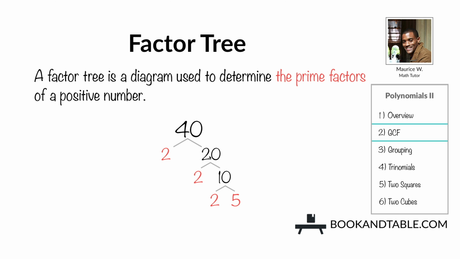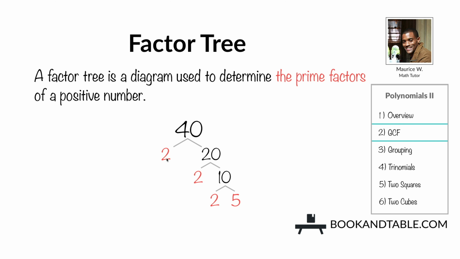So we'll try to break up 20 further. 20 can be broken up into 2 times 10. 2 is a prime factor, so that's ideal. 10 can be broken up further into the product of 2 times 5, both of which are prime numbers. So since we have prime factors at the bottom of this tree now, it cannot be factored any further, which lets you know this prime factor tree is done.